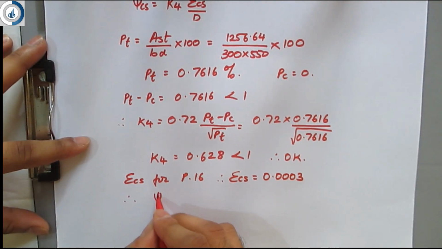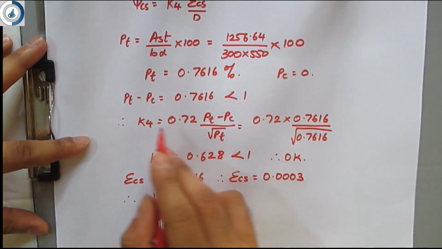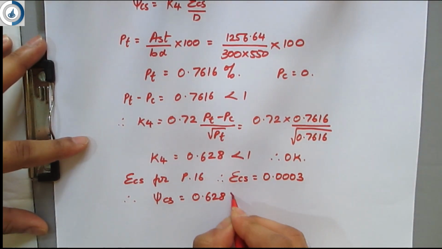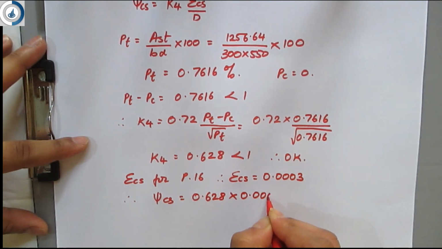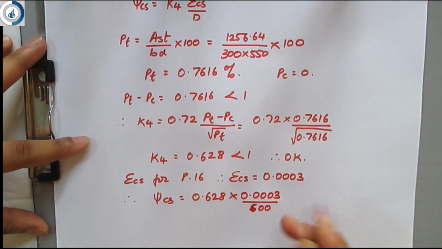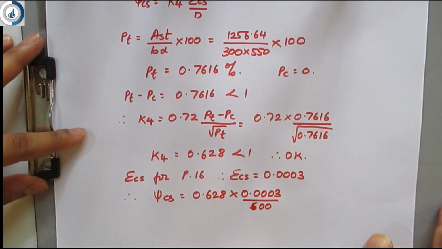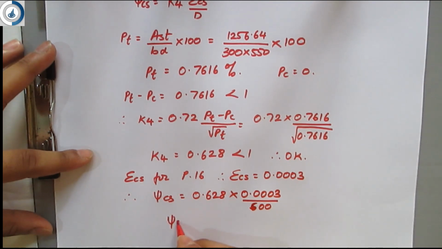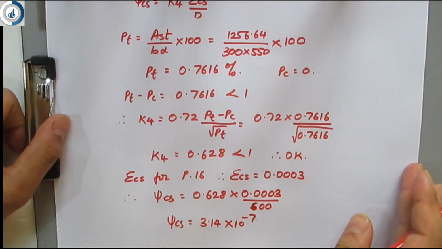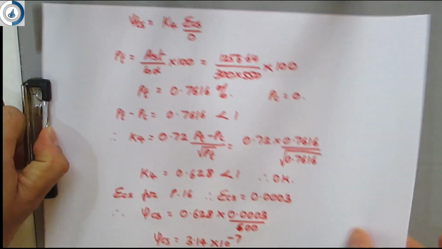Therefore psi CS is equal to K4, which we have calculated now, that is 0.628, into 0.0003 divided by D, which is 600. That is capital D, that is 600, and your psi CS value you will be getting as 3.14 into 10 raised to minus 7. So this is how you have to calculate psi CS.